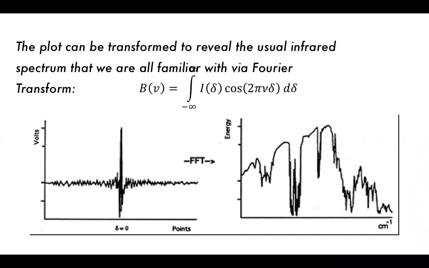And then by doing an FFT, a fast Fourier transform, we can get this spectrum out here, which contains our spectral peaks, which we use to assign the different bonds to try and identify our molecular species that we are interested in.